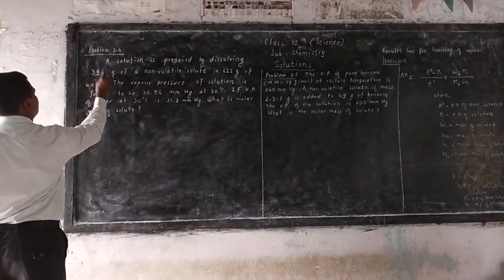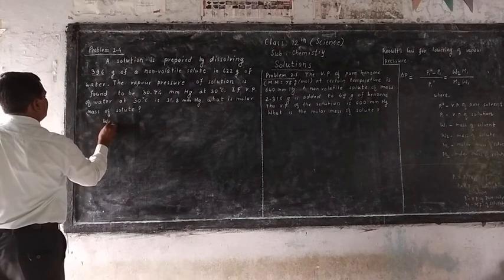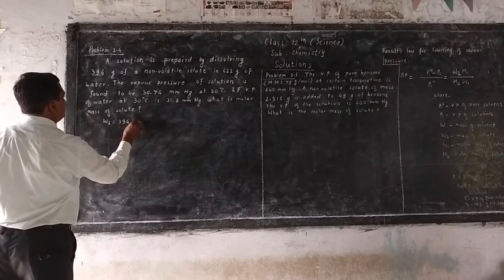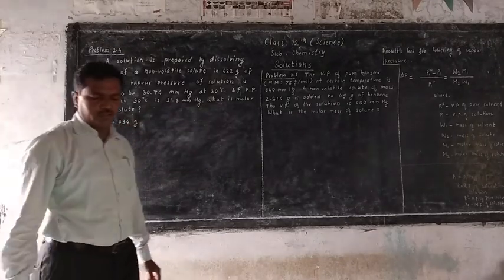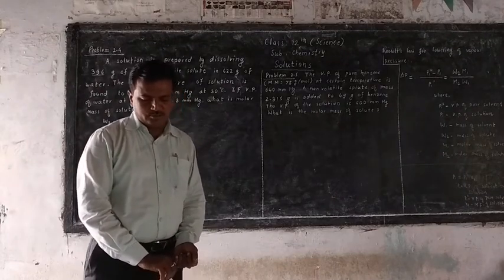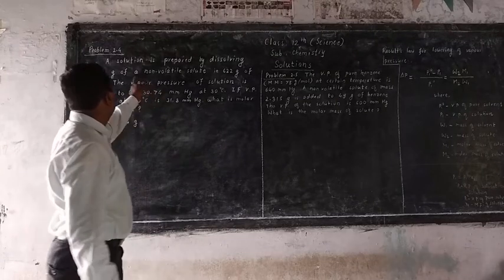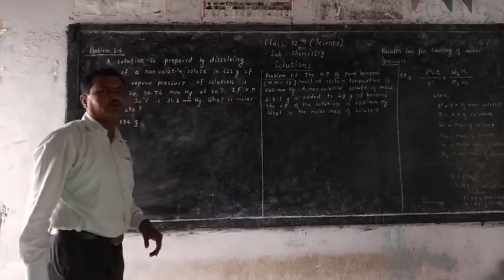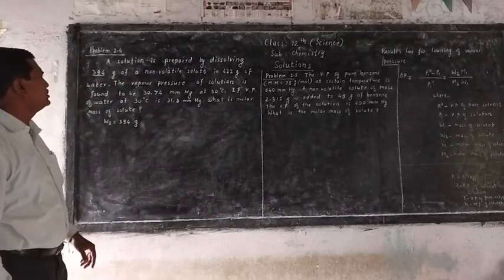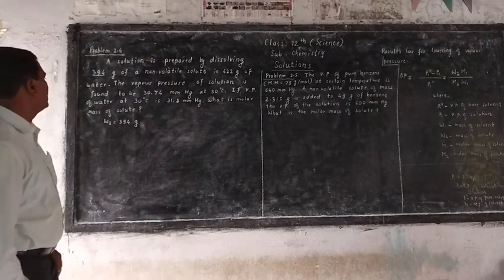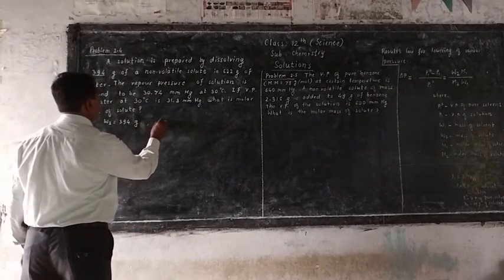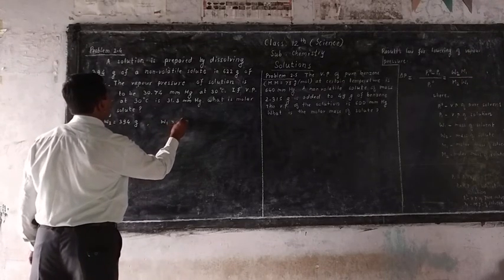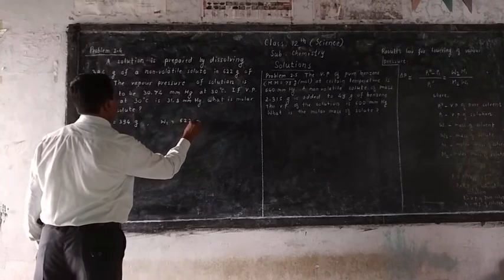This value is W2, 3.94 gram. Then this solute is in water. Water is the pure solvent. So weight of water is 622 gram. So W1 will be 622 gram.